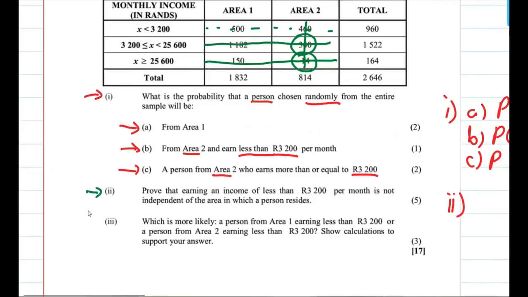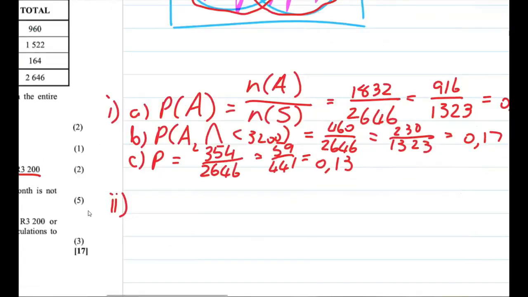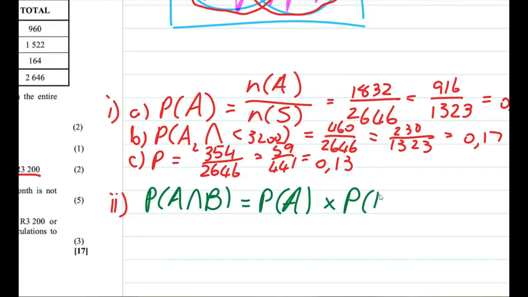Right. So, Culin, have you found that page which says independent events? Yes, sir. It's probability of A times probability of B. So the probability of A and B is equal to the probability of A times the probability of B. Now, this is only true if the events are independent.